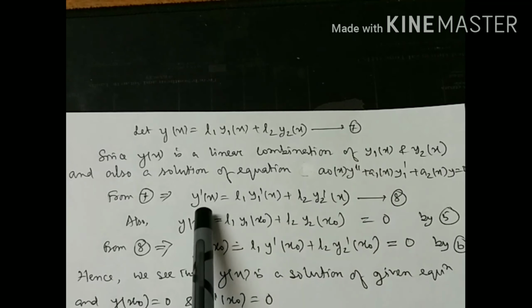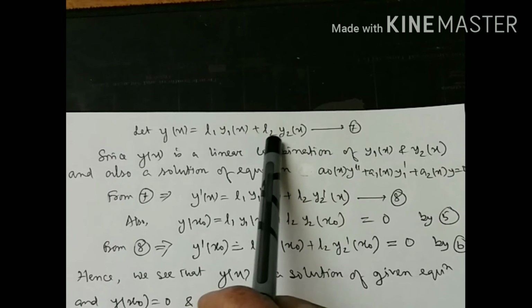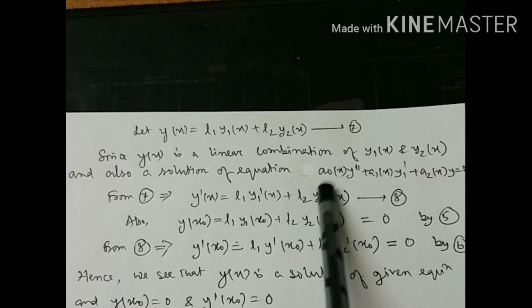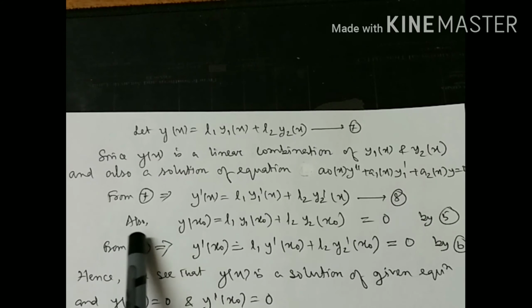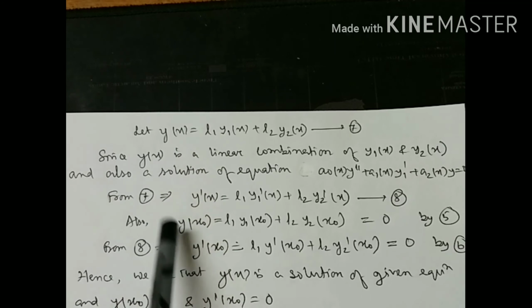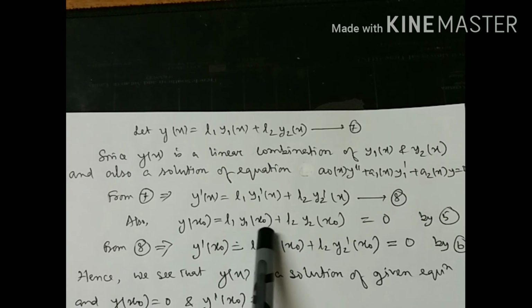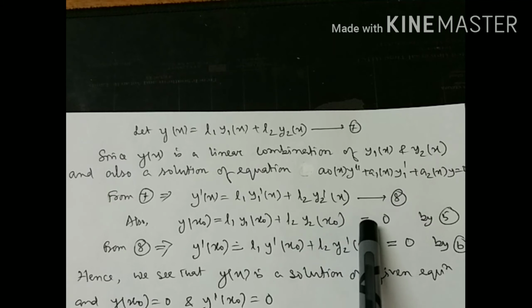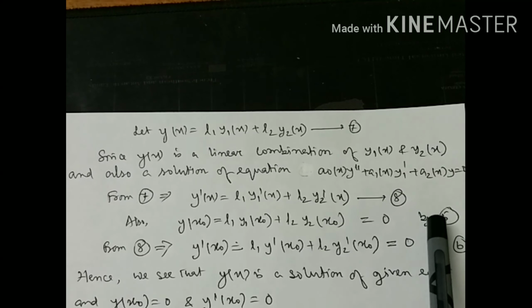From this equation we differentiate y(x): y'(x) equals L1 y1'(x) plus L2 y2'(x), with L1, L2 constants. If we put x equal to x naught, y(x naught) equals L1 y1(x naught) plus L2 y2(x naught), which equals 0. How? By equation 5.